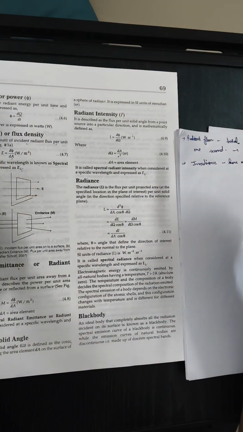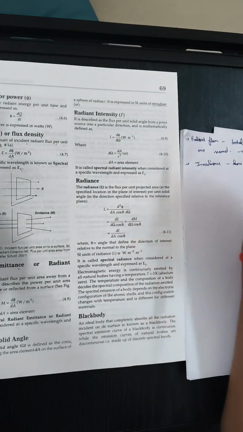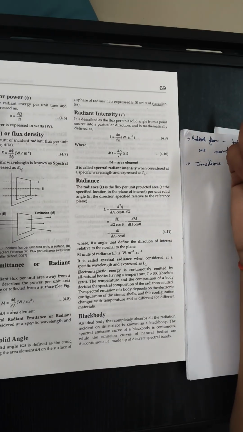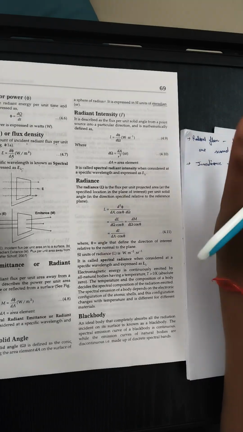Its symbol is omega and SI unit is steradian. Remember this. Whenever radiation is measured in a particular direction, solid angle is used. I think solid angle is now clear.